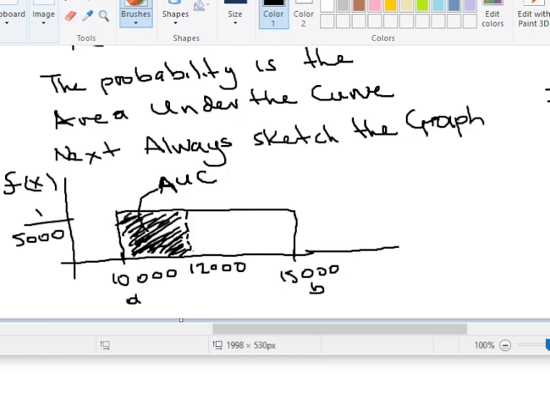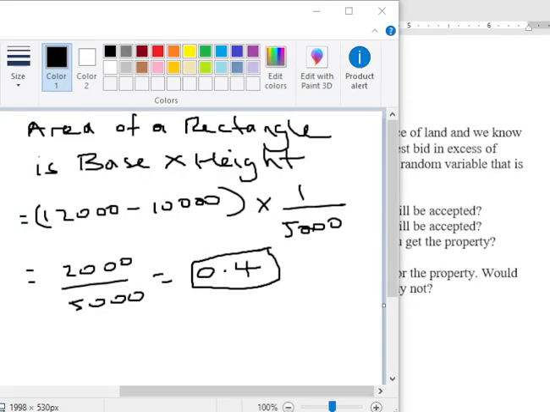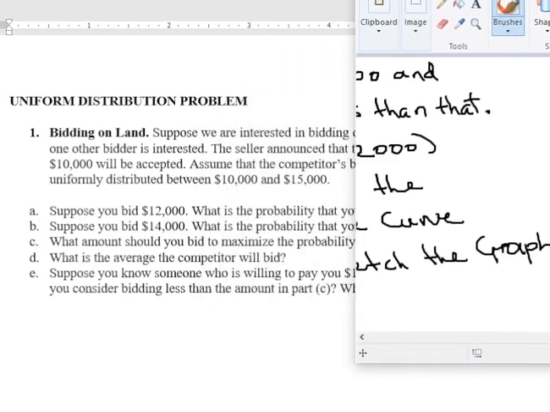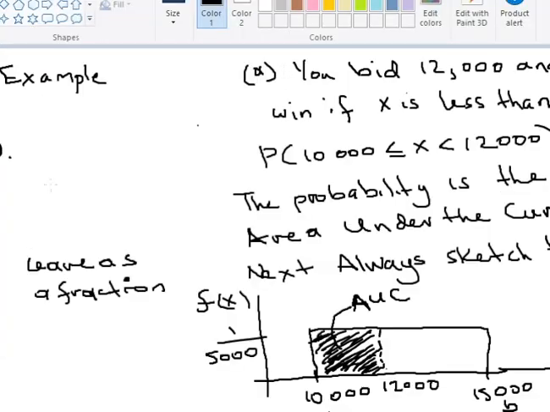So the first thing we do is to shade the area that we want. And then we go into the area of a rectangle. And the area of a rectangle is the base times the height. So what is the base? It's 12,000 minus 10,000. So what we're looking for here is just the distance on your graph for the x value.